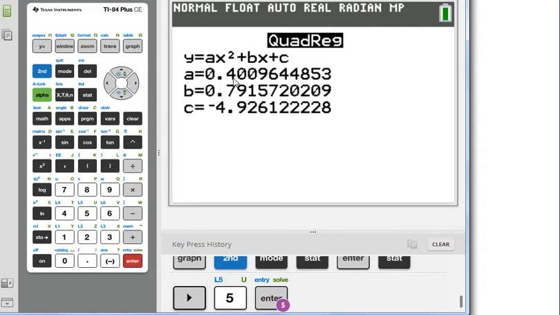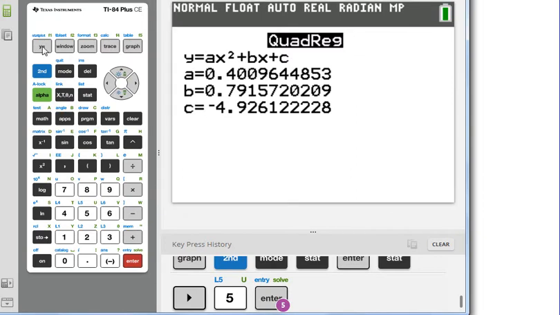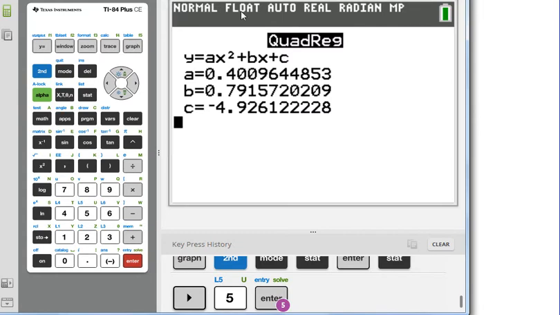In this calculation we get y equals about 0.401 x squared plus 0.792 x minus 4.93, and that's some rounding to hundredths place here. Let me just write it down first.